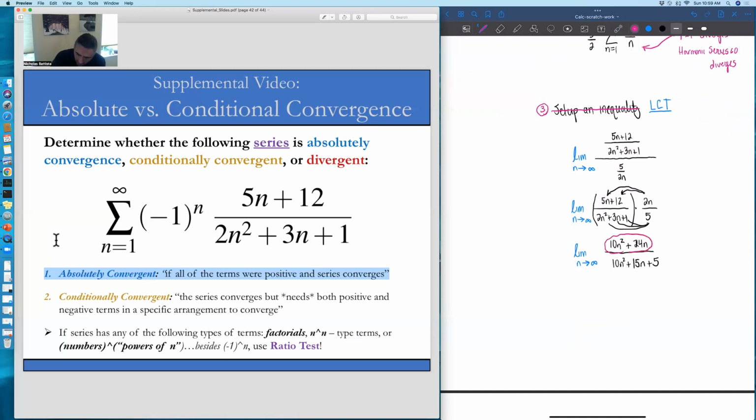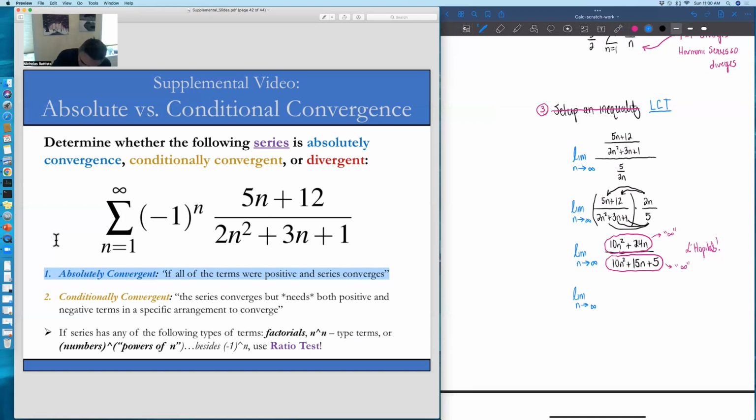As n goes to infinity, this numerator is going off to infinity. And also as n goes to infinity, this denominator is also going off to infinity. So what this looks like for us is an infinity over infinity, an indeterminate form, so we can do L'Hopital's rule.